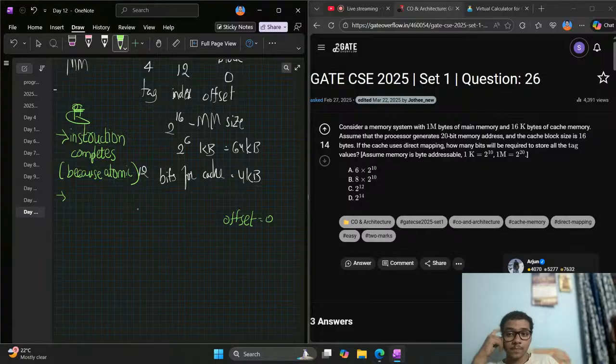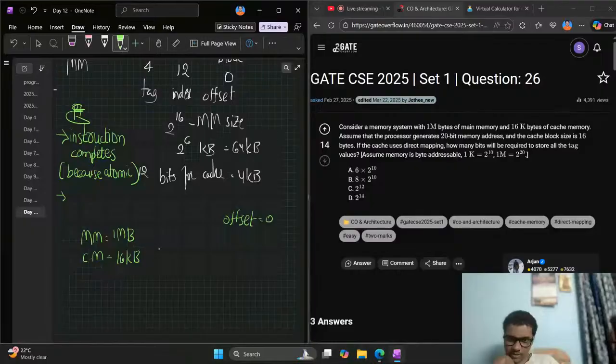Memory system. So main memory is 1 million bytes and cache memory is 16 kilobytes. 20-bit memory addressing system. So cache block size is 16 bytes. So you need a 4-bit addressing system to store that. Okay, so is it going to be offset?